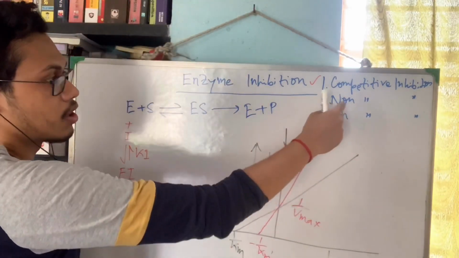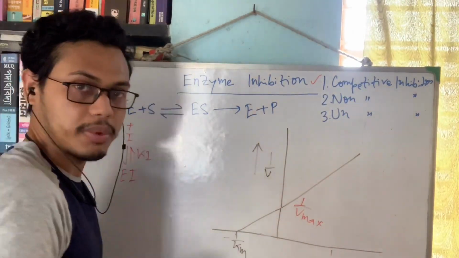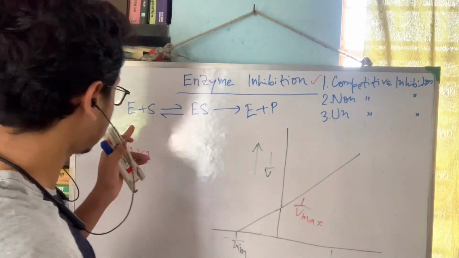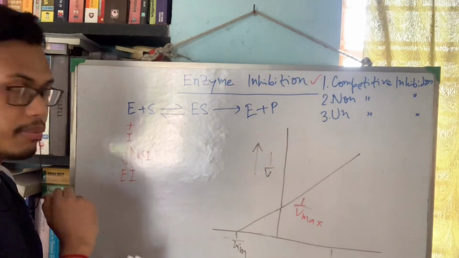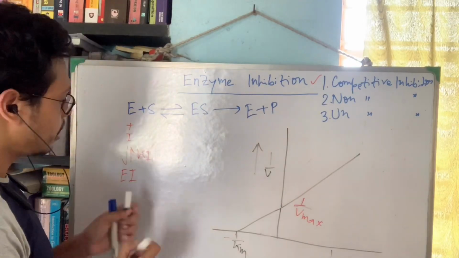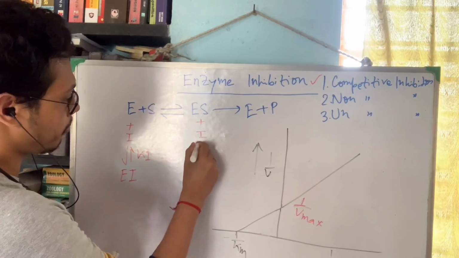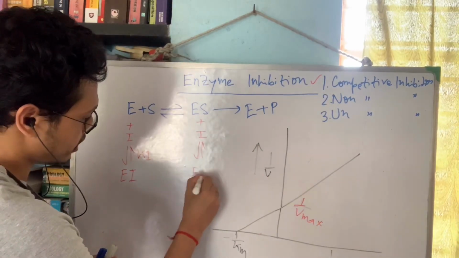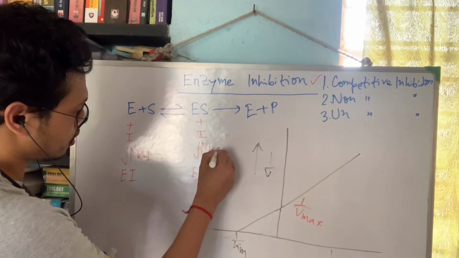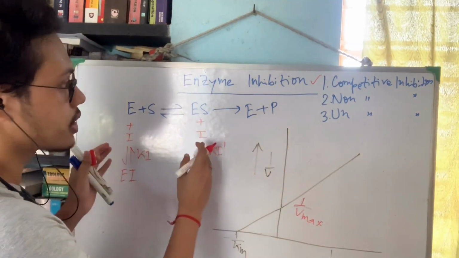Next is non-competitive inhibition. In case of non-competitive inhibition, actually there is no competition. The inhibitor may bind with the enzyme and form the enzyme-inhibitor complex, and also the inhibitor can bind the enzyme-substrate complex and form the enzyme-substrate-inhibitor complex, and this will be the rate constant. So both can happen because there is no competition.